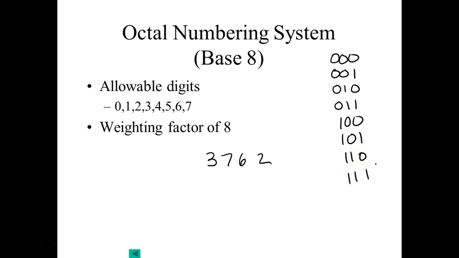Exactly 8 combinations, right? I would start with my most significant digit and write down the pattern. I'm going to include the 0, because you can't drop zeros until you get through with the number. So I'd come down here and write down that pattern, right? You understand that? Then I'd write down that pattern, and then that pattern, and then that pattern, and I just converted that number from octal to binary.